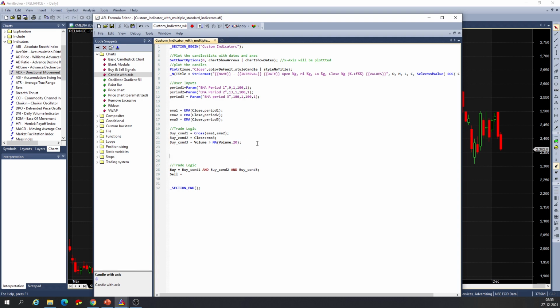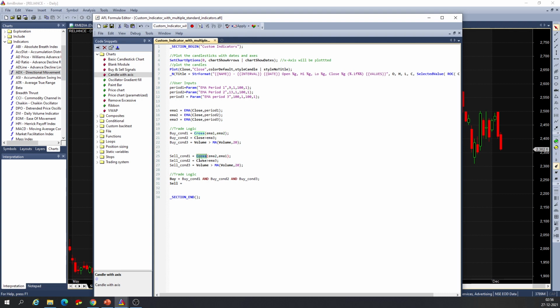So for sell we will have different conditions, so let me append the buy. And likewise we'll have sell conditions. Okay, so here it will be the opposite. So EMA 1 is going below EMA 2.